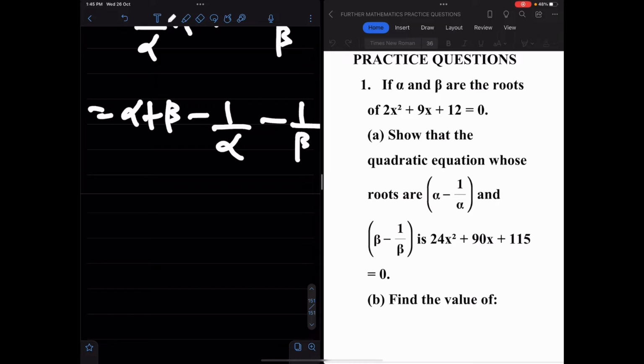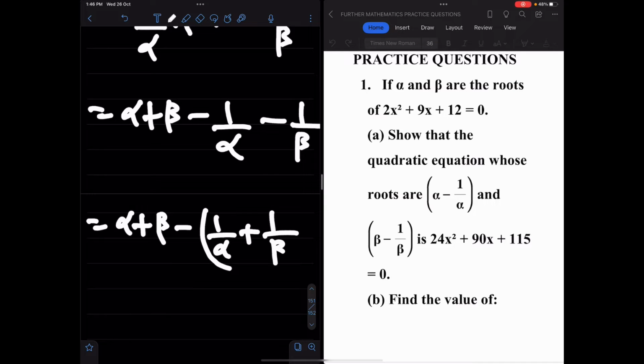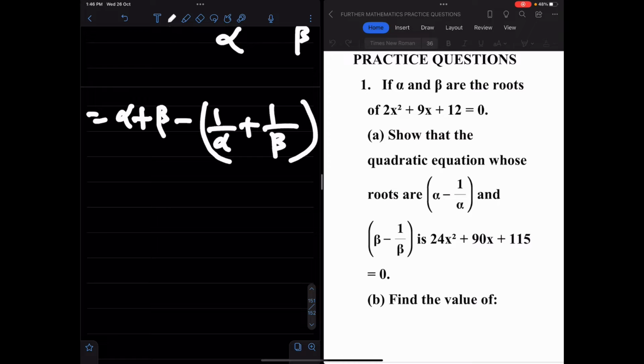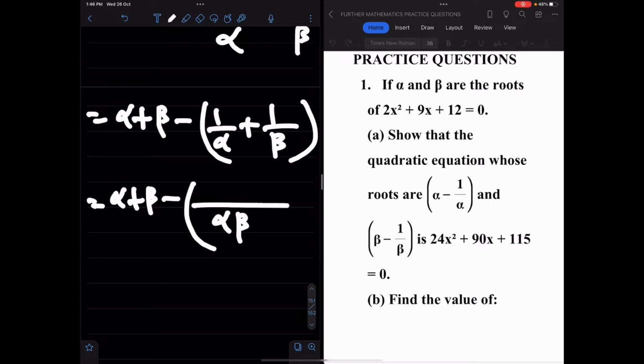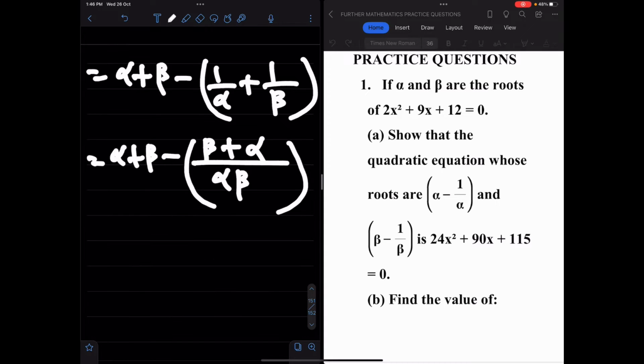I can write that as alpha plus beta minus, in brackets, 1 over alpha plus 1 over beta. The LCM here is alpha beta, and this is the same as beta plus alpha over alpha beta.